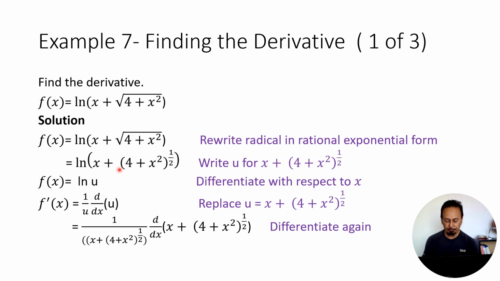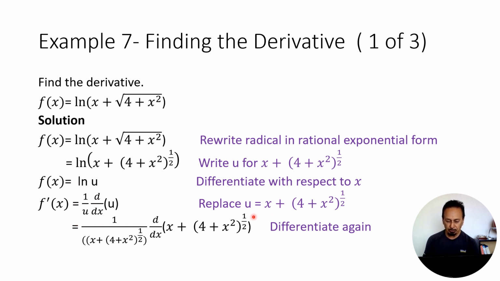Let's write x plus 4 plus x squared to the 1/2 as u. So this becomes f of x equal to natural log of u. Now we differentiate with respect to x. So it'll be 1 over u times d over dx of u.